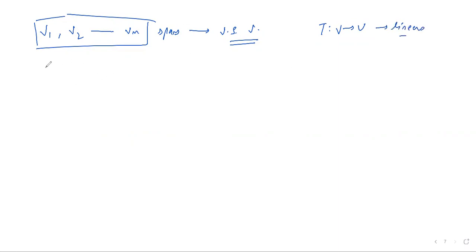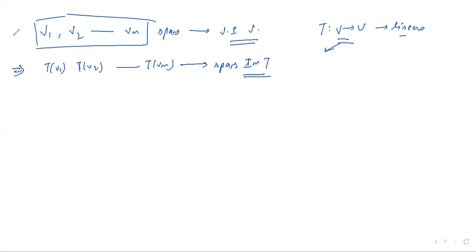What are the corresponding images of these vectors? The images are T(v1), T(v2) to T(vn). This is the set which spans the image of T.